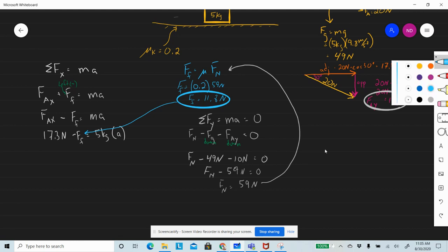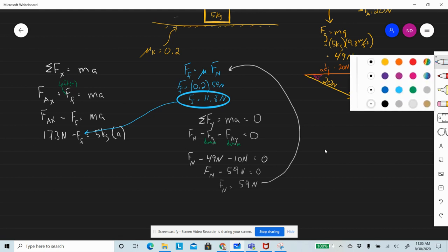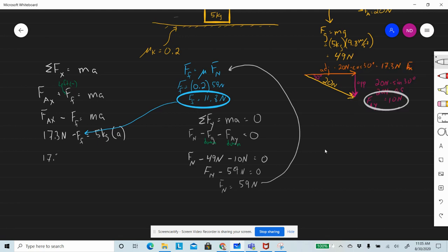So now we can come back and figure out that 17.3 newtons minus 11.8 newtons equals 5 kilograms times our acceleration. 17.3 minus 11.8 is 5.5 newtons, which equals 5 kilograms times a. A is really what we want to solve for.